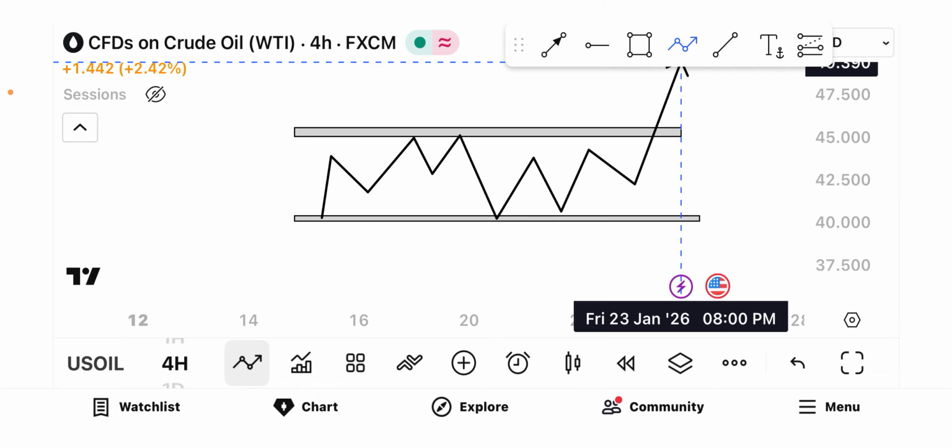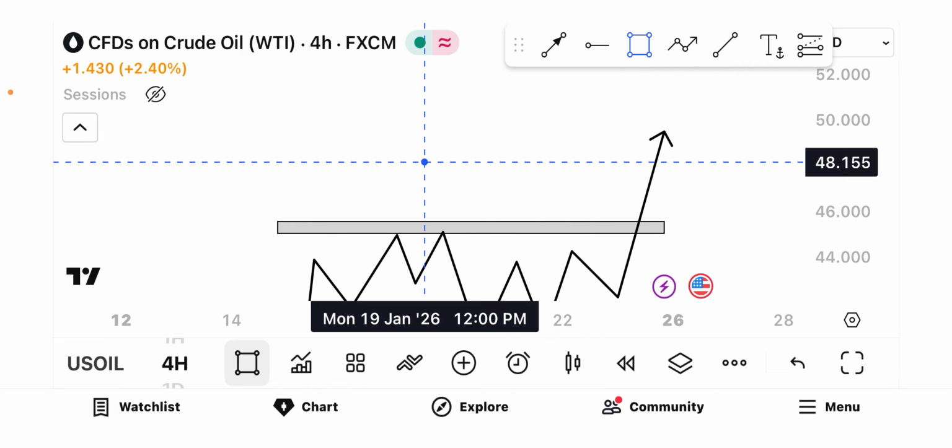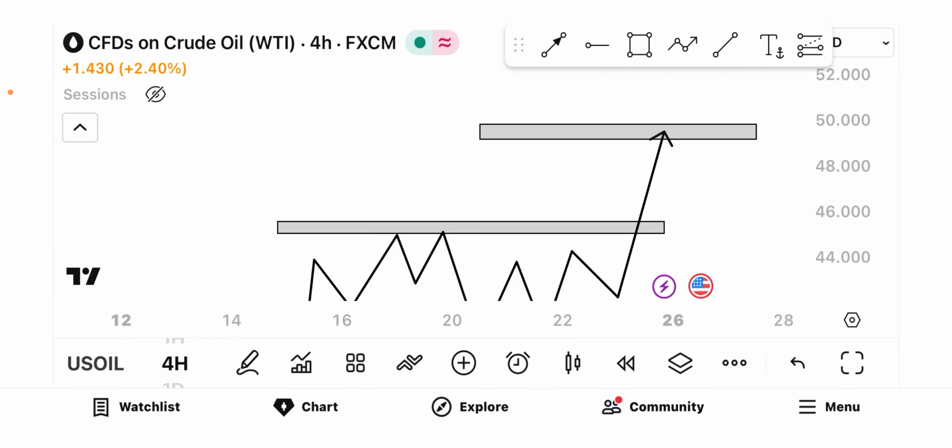Now, when price breaks out of a resistance, you put your gray box right around here.